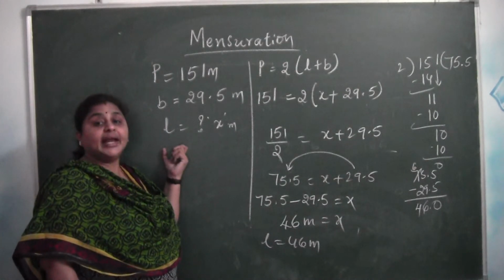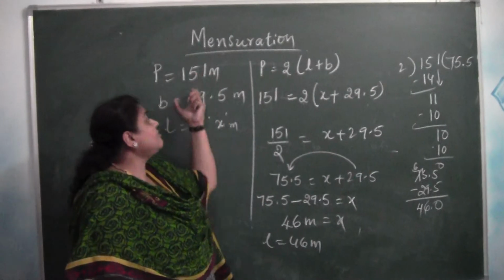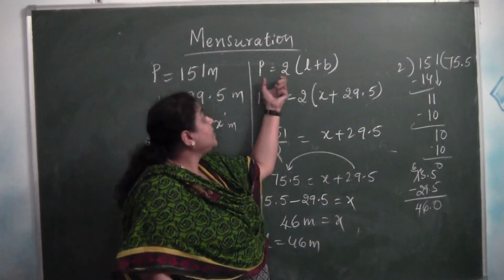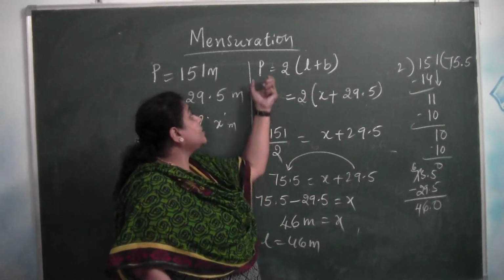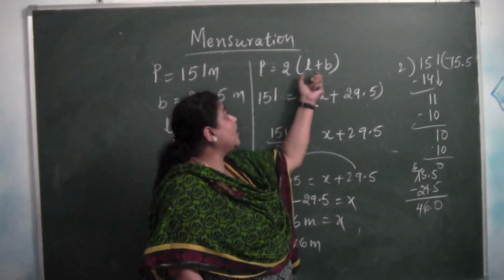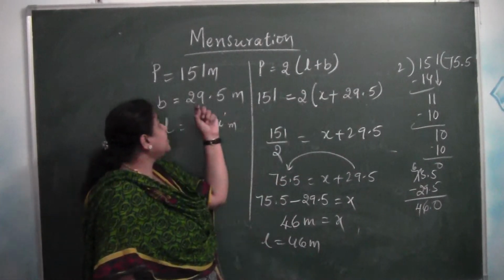Alright. Now, so what are the values we have? Perimeter is equal to 2 into L plus B. So what is perimeter given? 151. 2 into what is the length we have taken? X. Plus what is the breadth?